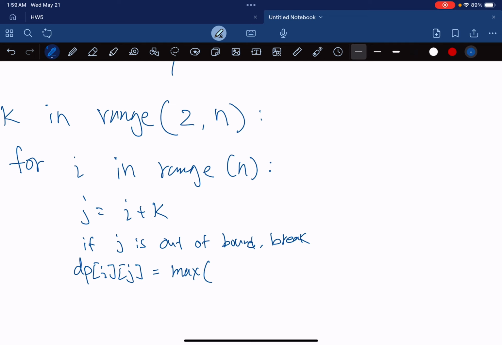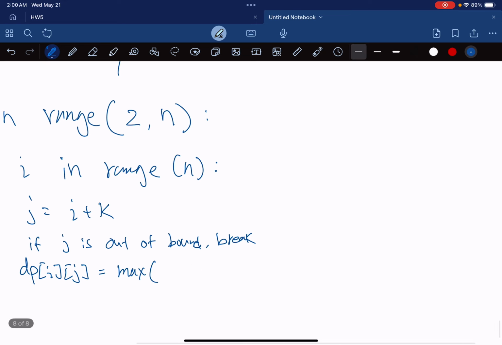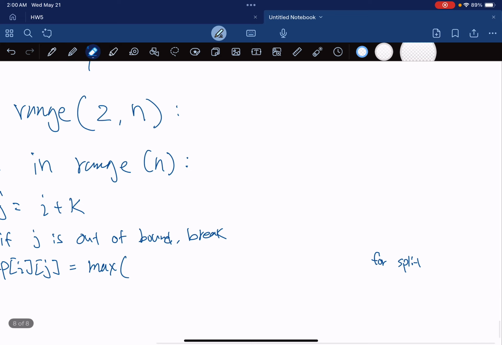Split has to iterate from i plus 1 to j minus 1. So it would be for split in range i plus 1 to j.